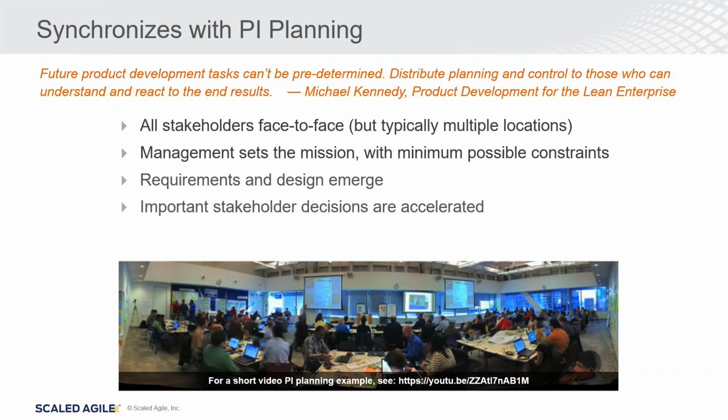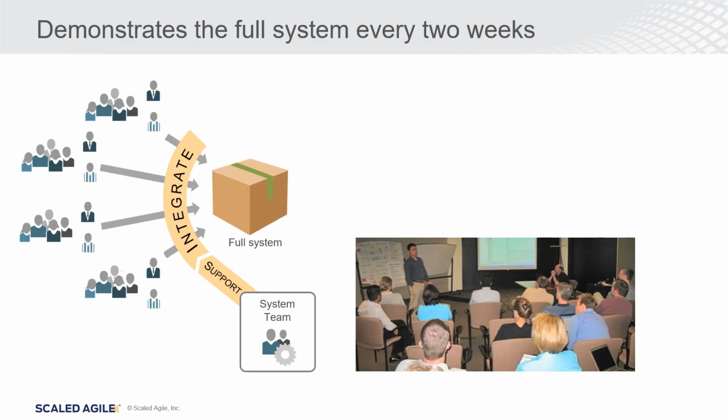And this is where requirements and design emerge from this overall working session, and stakeholders are well informed and get to participate as well. But it's ultimately the teams who create the plans on how to get there, and by creating those plans, they accept the responsibility for delivering what they promise.